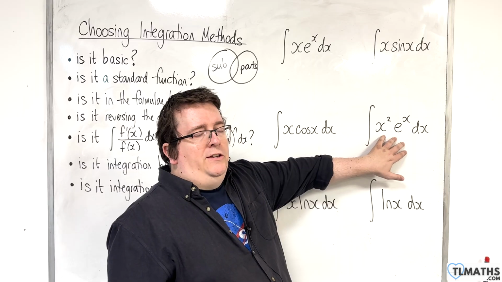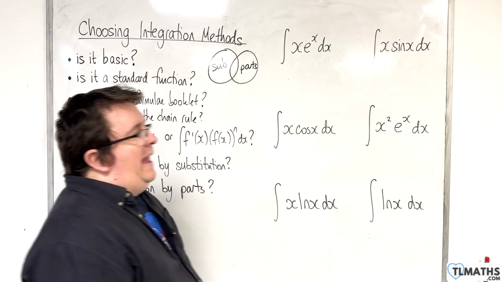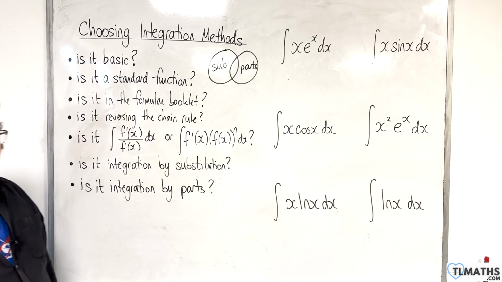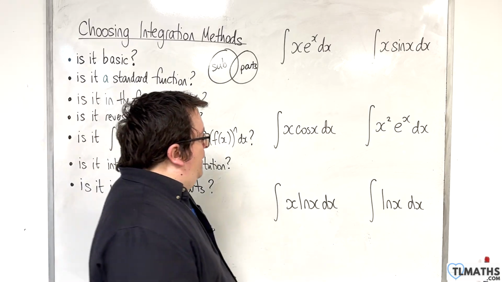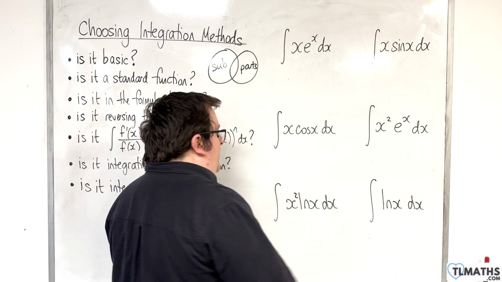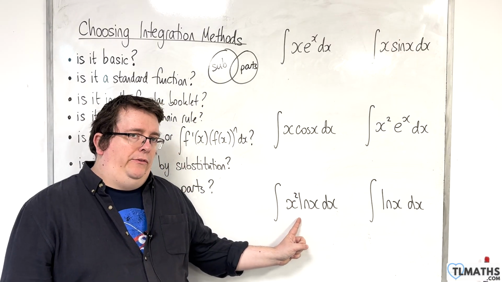All of those would be integration by parts twice. Okay, you're only ever going to need to do integration by parts twice, so it's up to a maximum of 2. If I change this to x squared log x, that's still only integration by parts once.